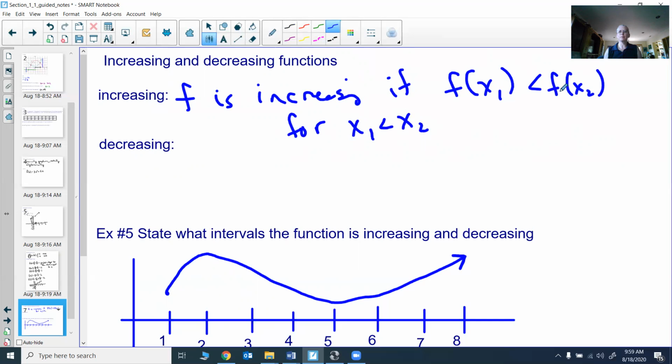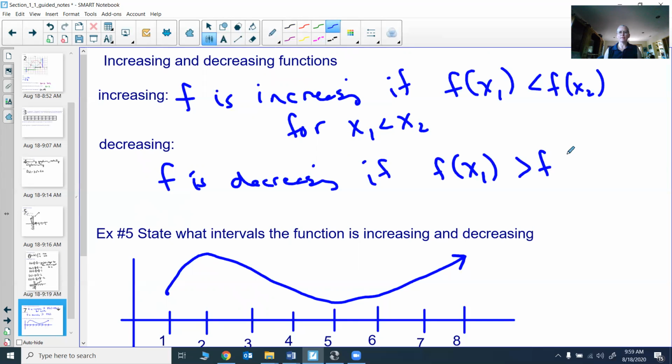In other words, the numbers are getting bigger, your y values are getting bigger. F is decreasing if f of x1 is greater than f of x2 for x1 less than x2. In other words, as x gets bigger, your y values are getting smaller.